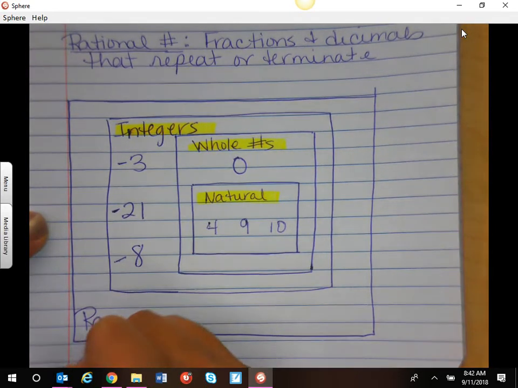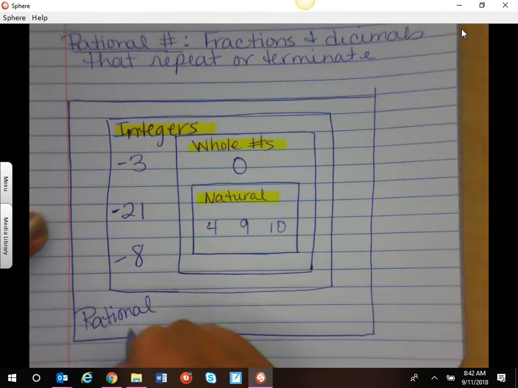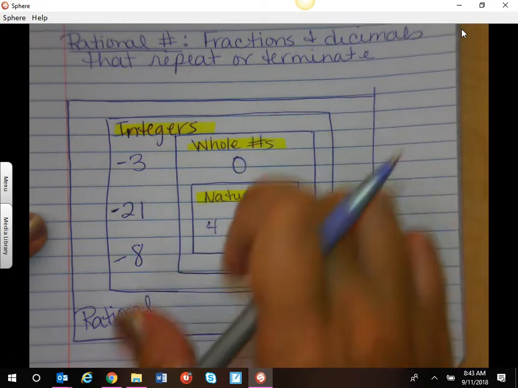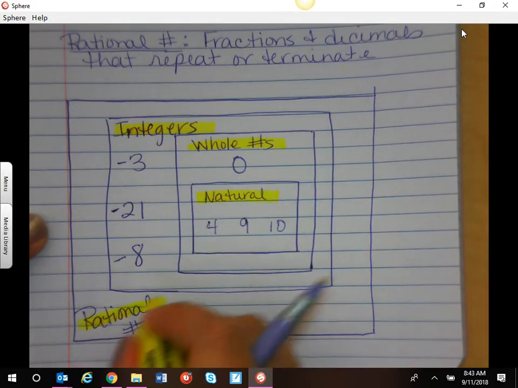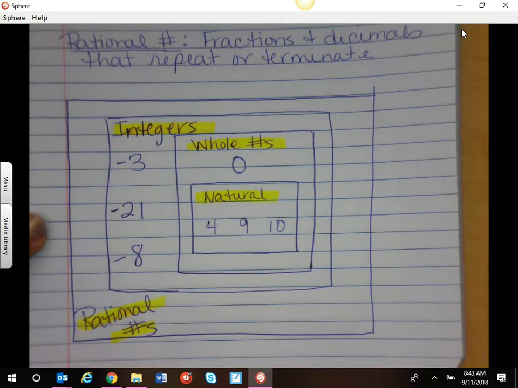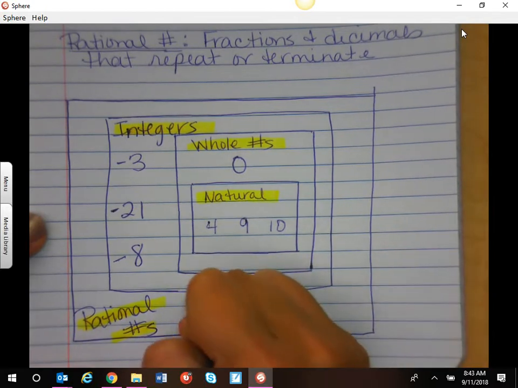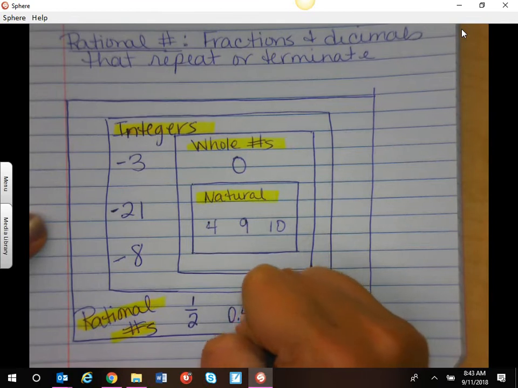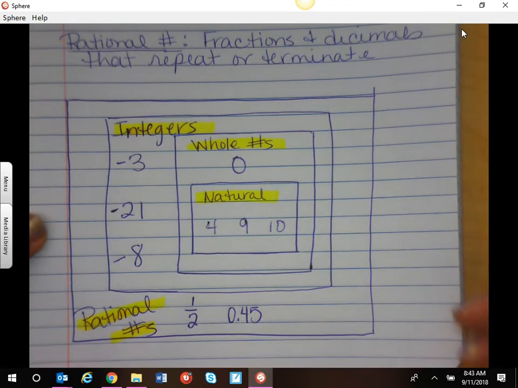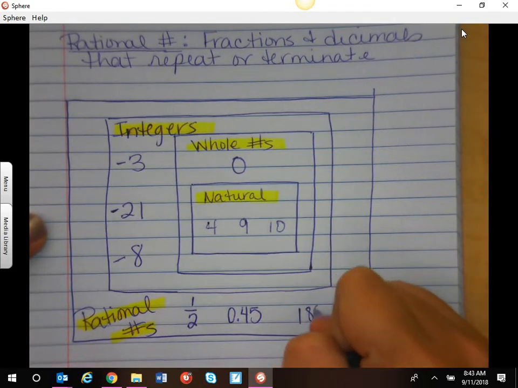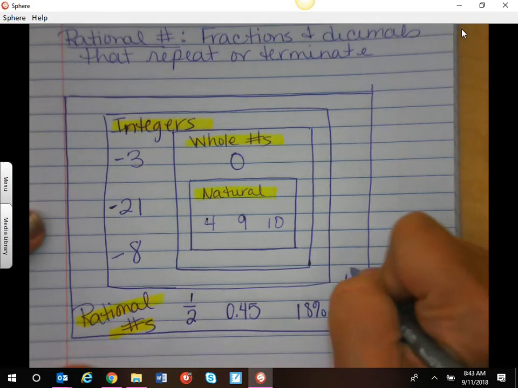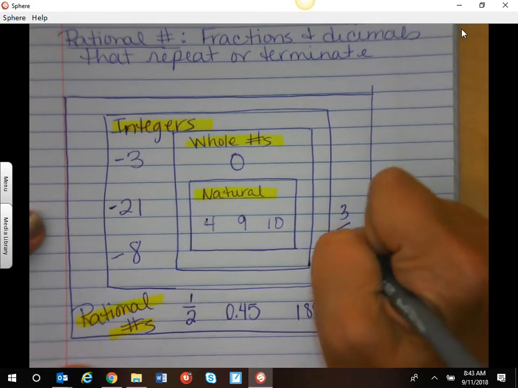Rational numbers have integers, whole numbers, and natural numbers, but they also include things like 1/2, 0.45, 18%, which we're going to learn you can write as a fraction and a decimal, 4/10, 3/4.